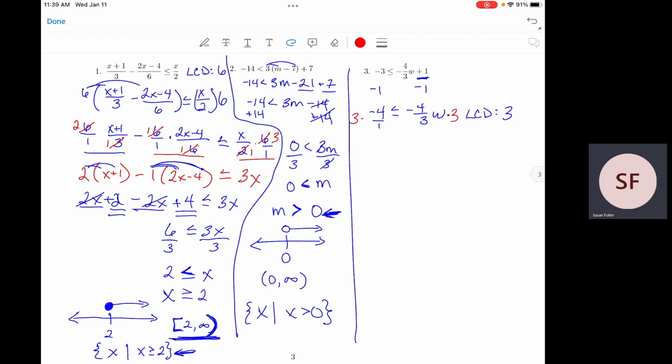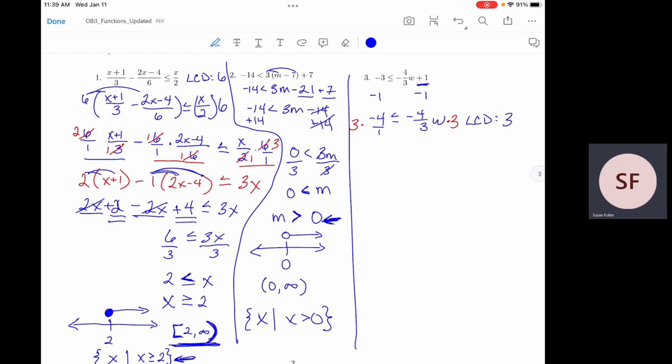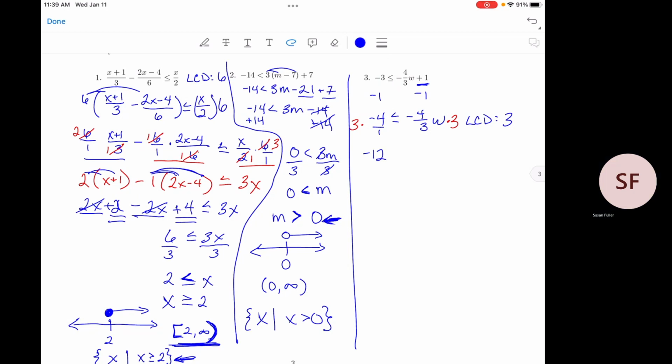When I do that, on the left side here, I'm going to get 3 times -4 is -12. I'm multiplying by a +3, so I'm just going to leave my inequality sign exactly how it is. And to simplify here on the right, this is 3 over 1. Those 3's cancel, and I get -4w over here.